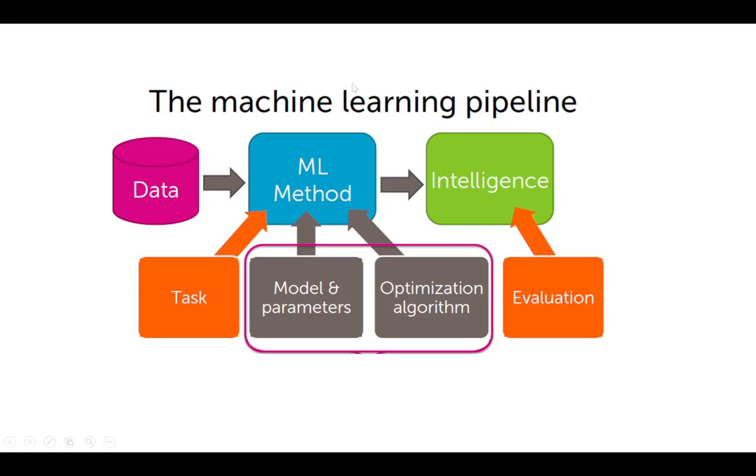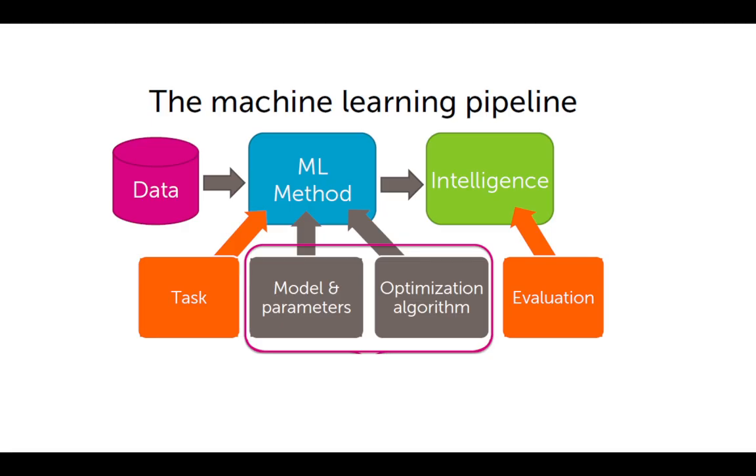But this is the idea of the whole machine learning pipeline, where it starts with data, fits into the ML method, which will perform the task of regression, classification, or clustering, depending on the method.